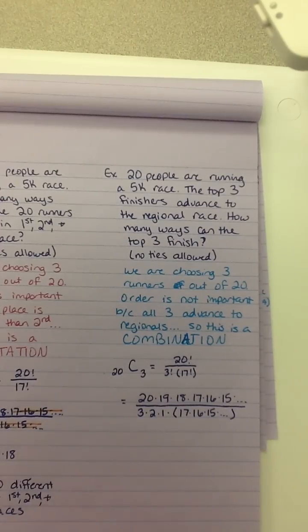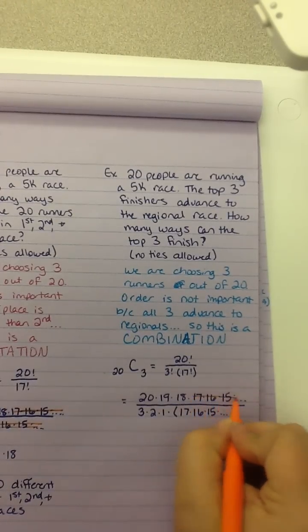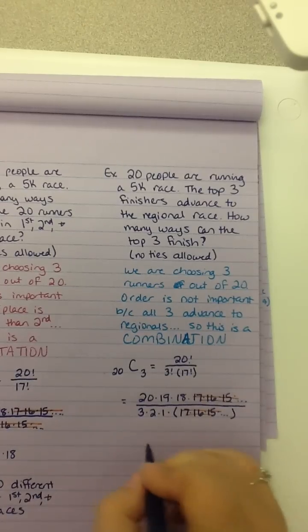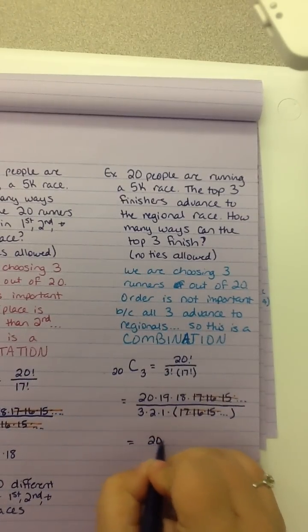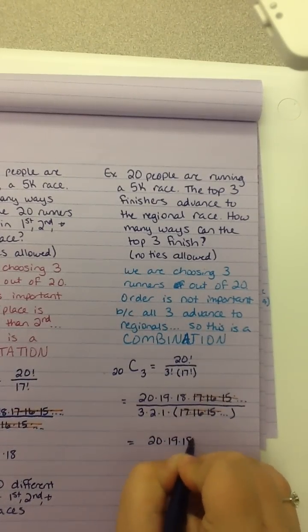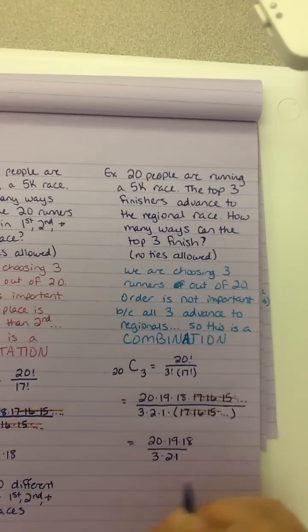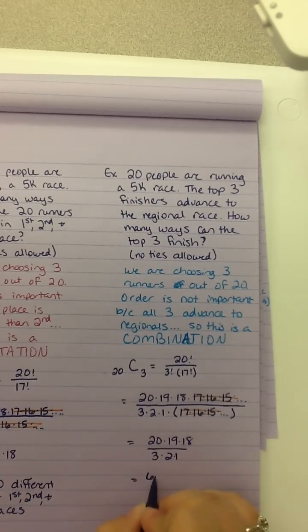So what cancels on this one? Well, still the 17, 16, 15 cancels. So now I've got 20 times 19 times 18 divided by 3 times 2 times 1. So that's going to give me 6,840 divided by 6.